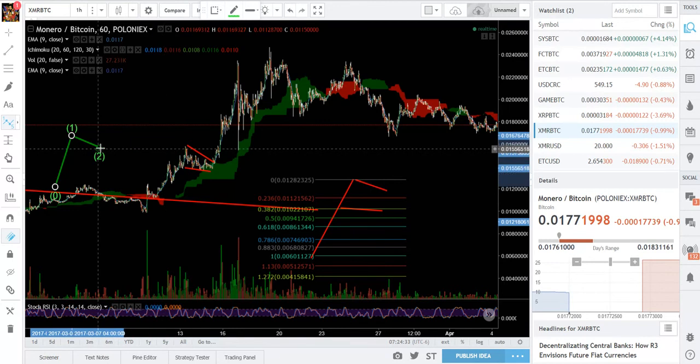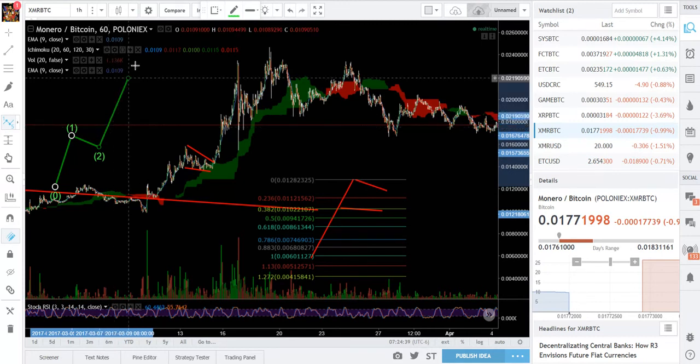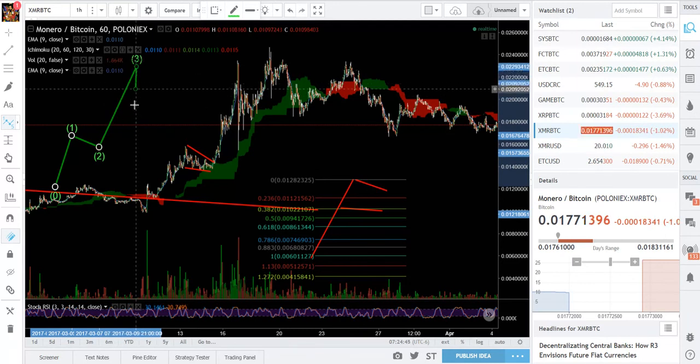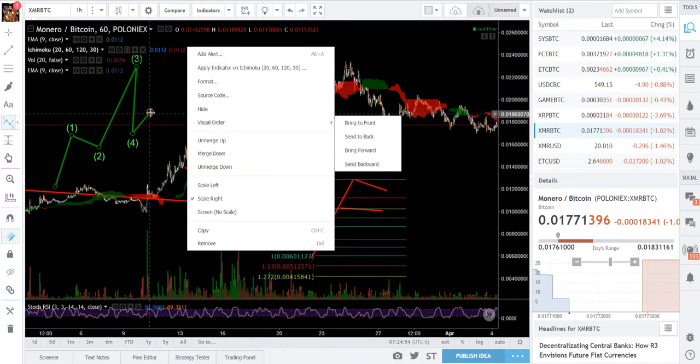So if you have a retracement that's like 38% or flat, or shallow, however you want to call it, then that next retracement is going to be deep, okay? Meaning that if you have one retracement that was flat, that next one's probably going to be deep, and then a continuation on. And that's what we got here on Monero.